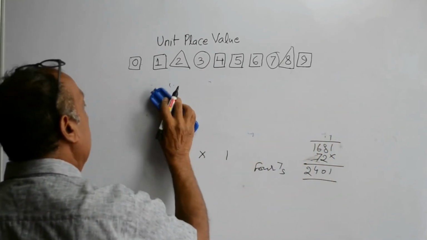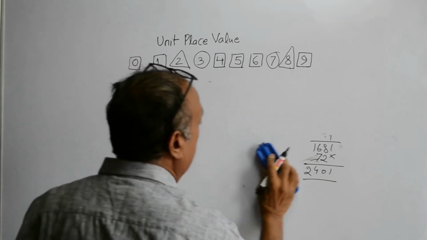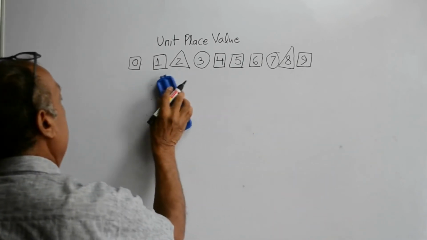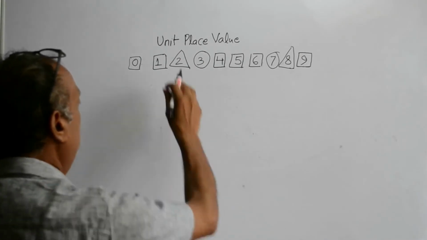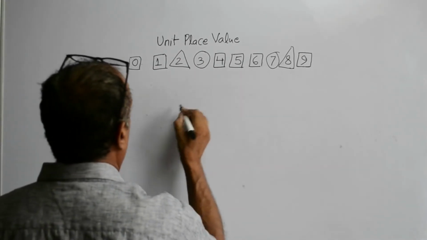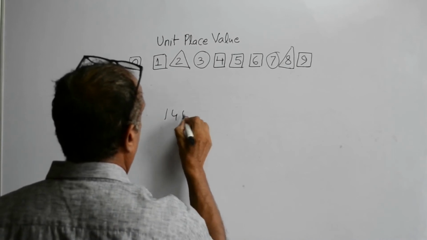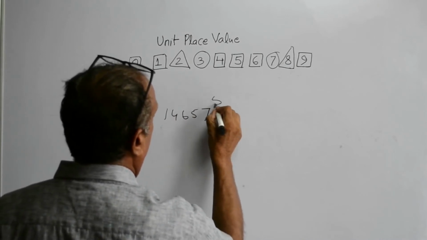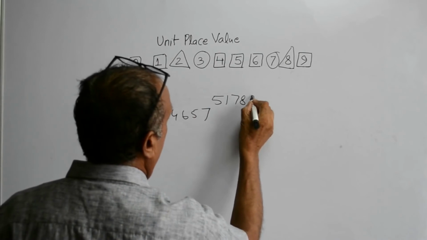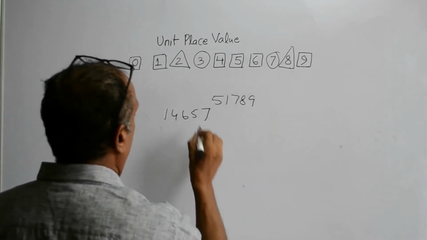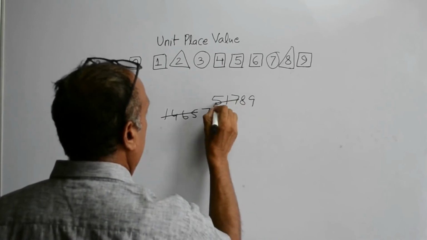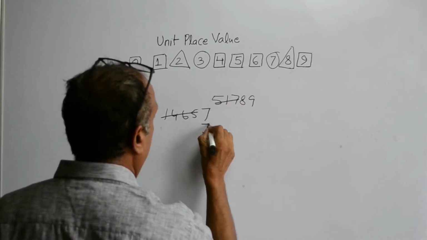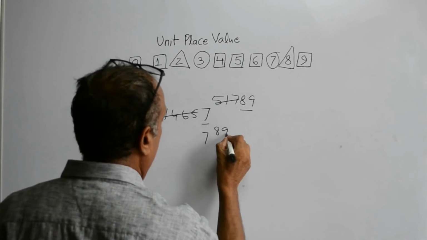It means the value of the last digit, the unit place digit, in case of 7 is exactly similar to that of the digit 3. Suppose we need to find out the value of 7 raised to power 89.